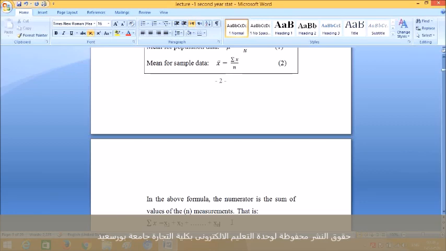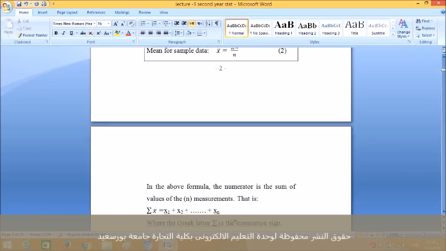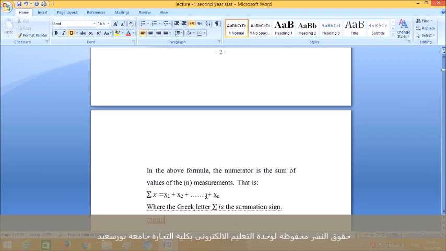Okay? So, in the formula of computing the mean, the numerator is the sum of values of the n measurements. That is, sigma x equals x1 plus x2 plus, and so on, up to xn.